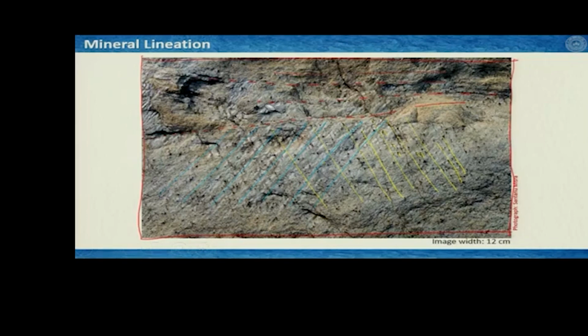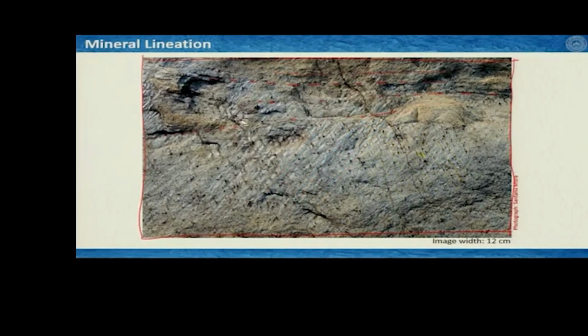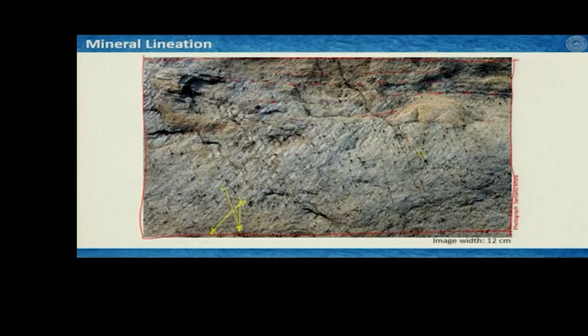I wipe this one out, you have a look and figure out if my visualization was right or wrong. So, you have crenulation lineation this way and you have mineral lineation this way. Have a concentrated look and figure out if you can see both.